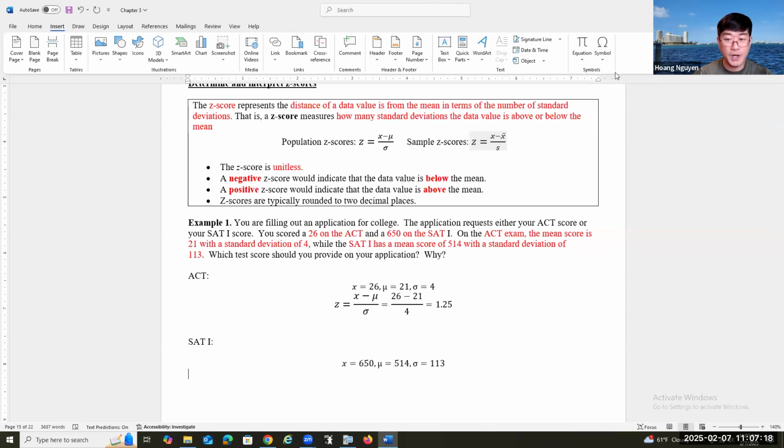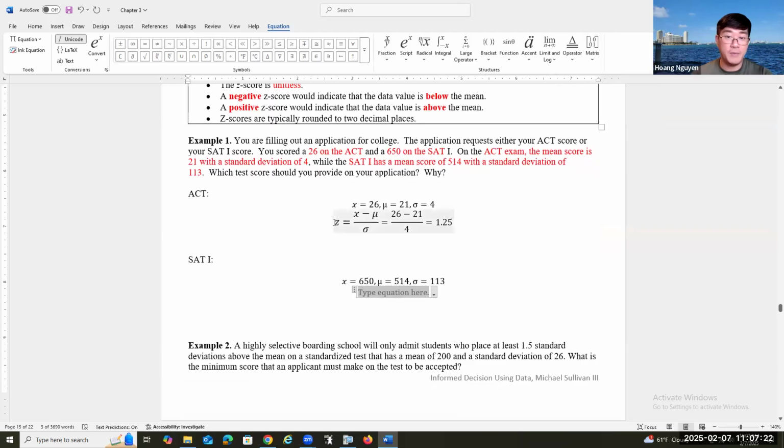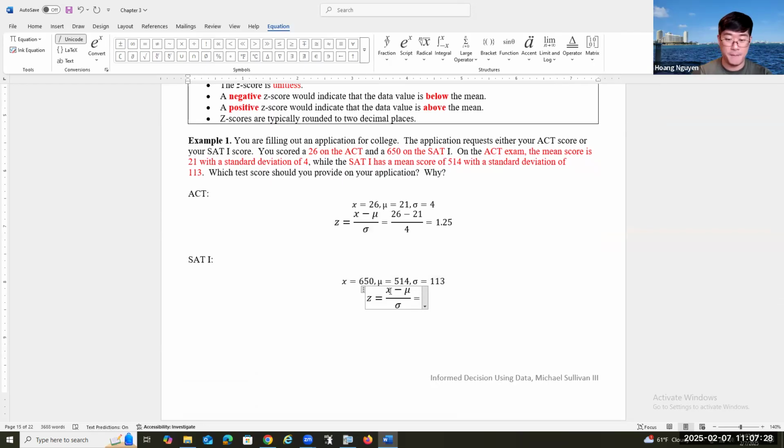Now we've got everything for the calculation. We're going to copy the formula one more time and substitute the values. The x value is 650, minus the mean 514, divided by the standard deviation 113.